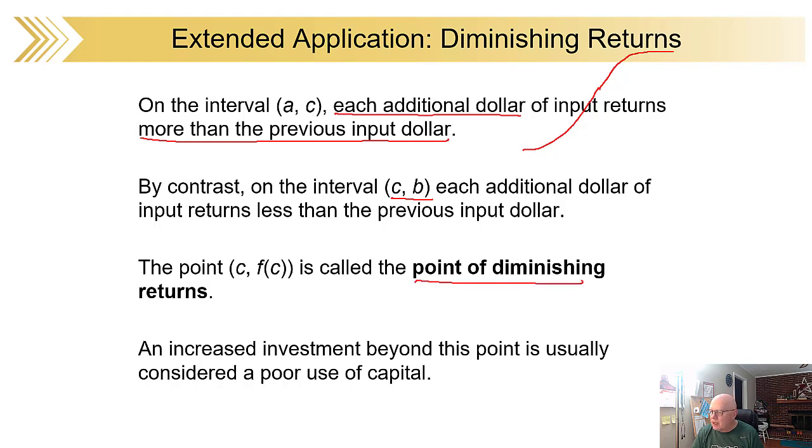That's the point of diminishing returns. And this is something you'll learn in economics. It's a little bit past my pay grade. But the increased investment beyond that point, the point of diminishing returns or the point of inflection, usually more investment past that is a poor use of your money going into the business.